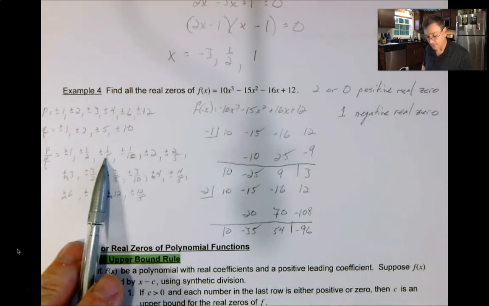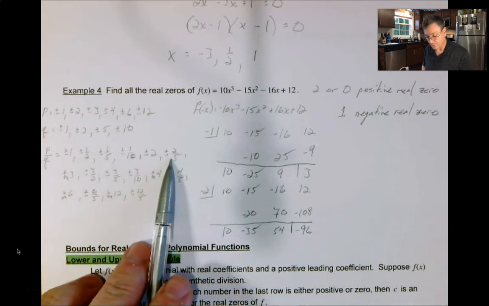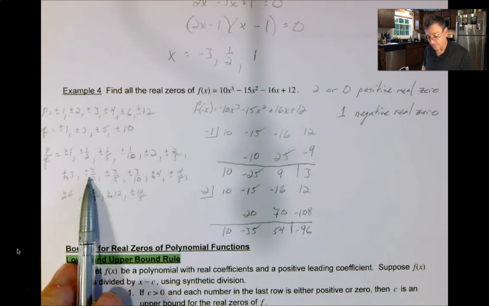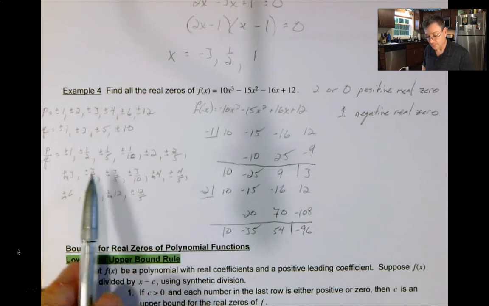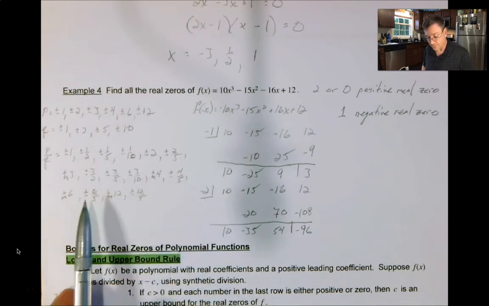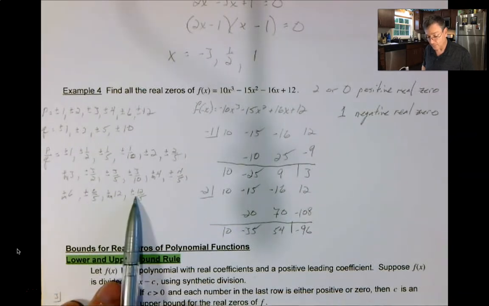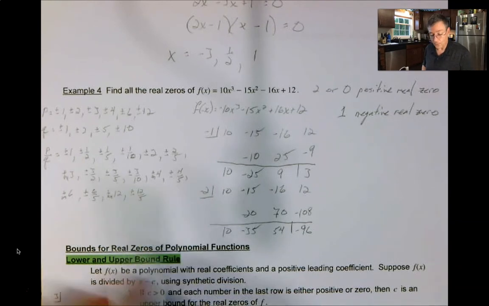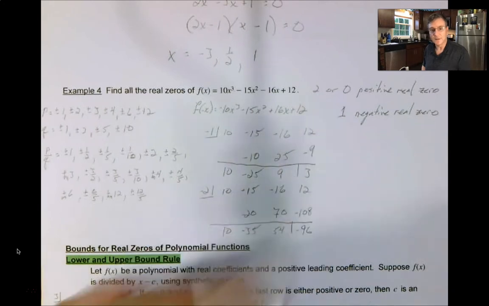Negative 1/2, negative 1/5, negative 1/10, negative 2/5, negative 3.5, because that's smaller than negative 2, negative 3/5, negative 3/10, negative 4/5, negative 6/5, negative 12/5. That's going to be, yep, negative 2 and 2/5. So all of those are possibilities, but they're all fractions. I want to keep this as simple as possible.